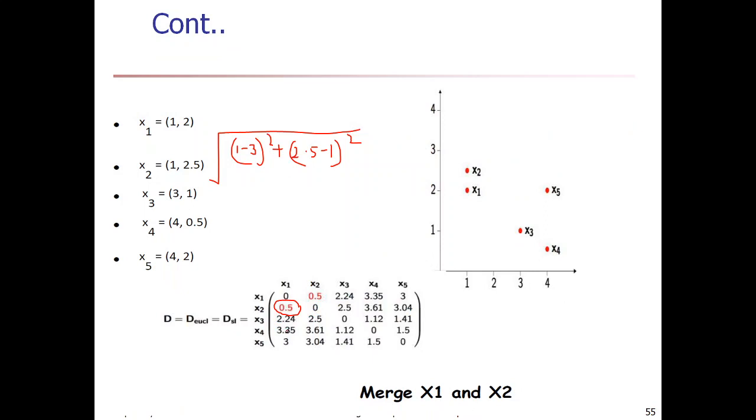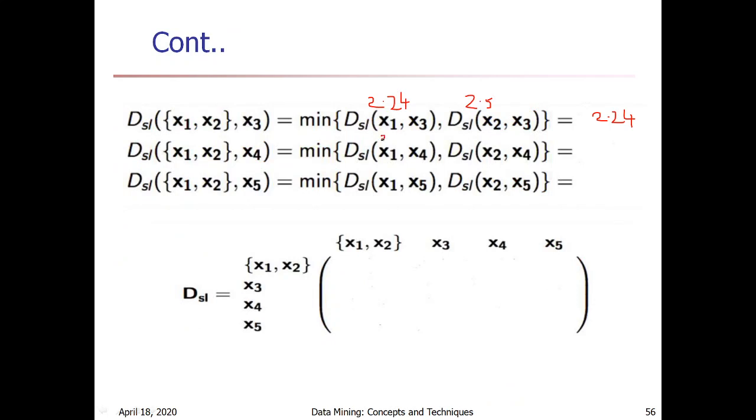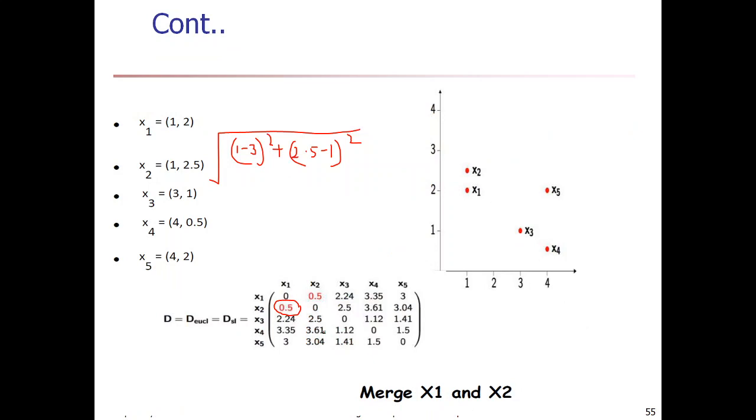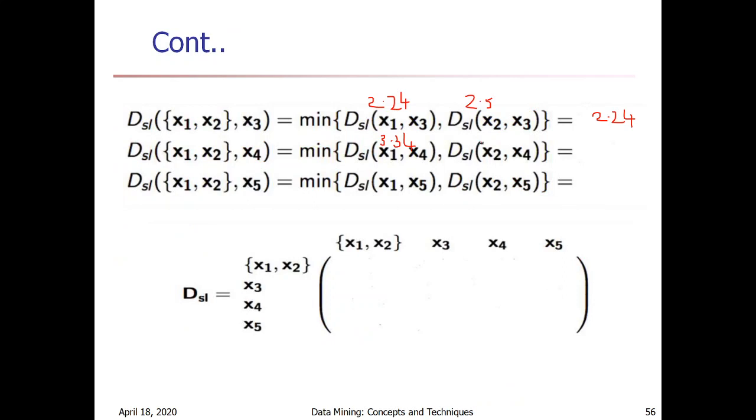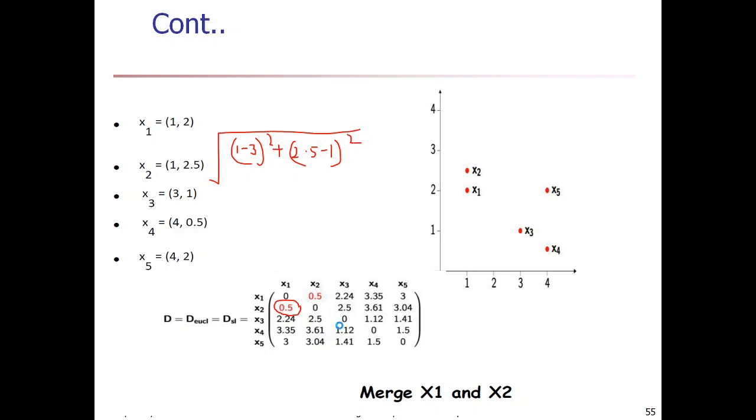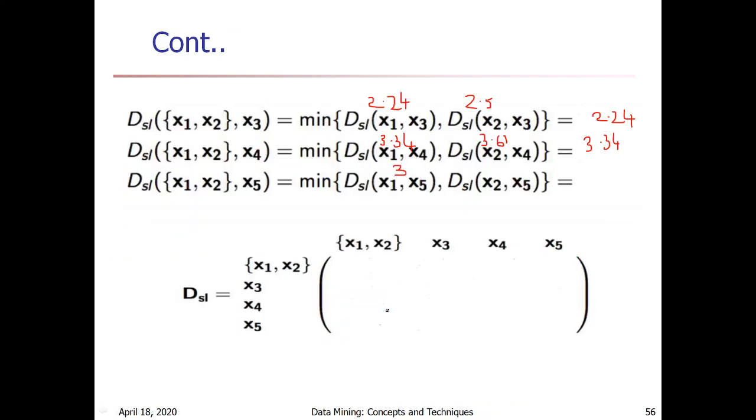Similarly x1 x4 is 3.34 and x2 x4 is 3.61, so here the minimum distance is 3.34. And similarly x1 x5 is 3 and x2 x5 is 3.04. So here the minimum distance is 3.